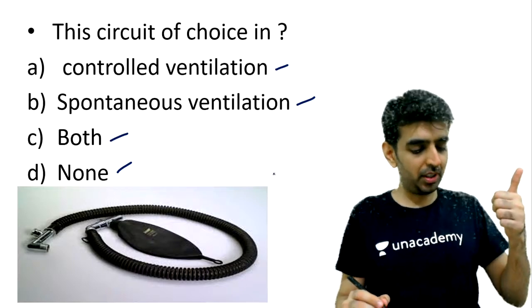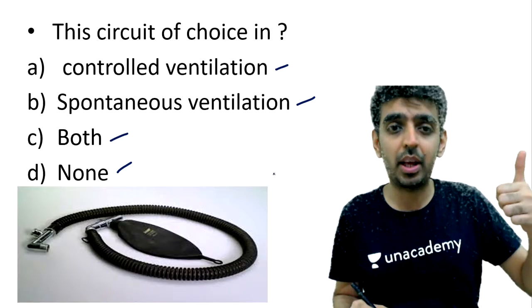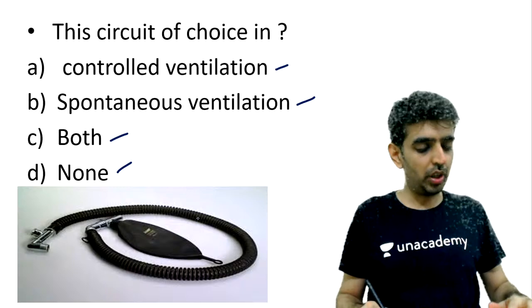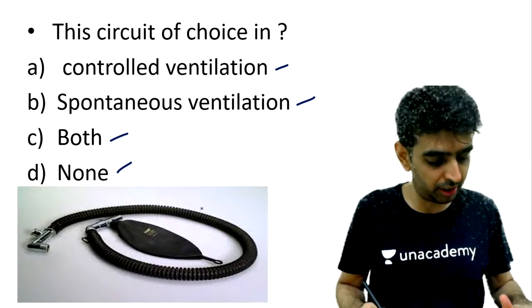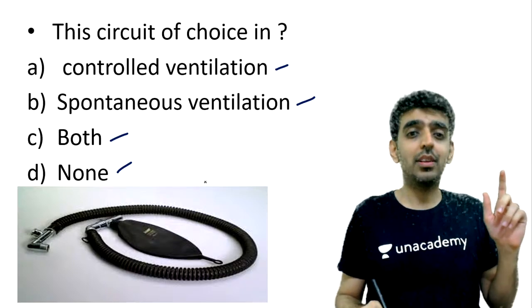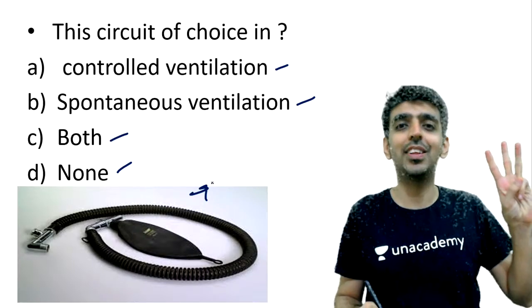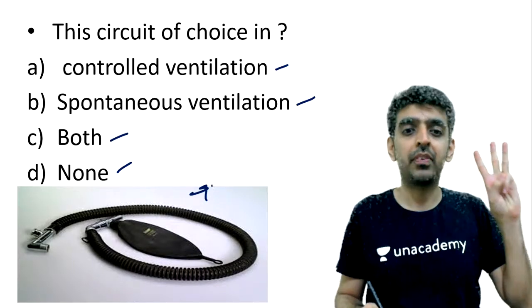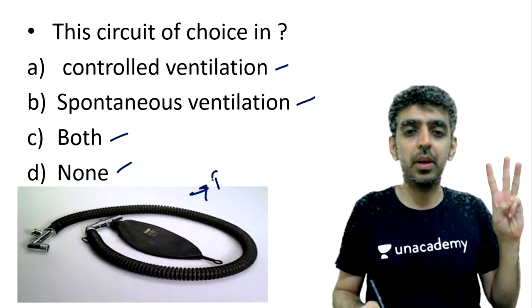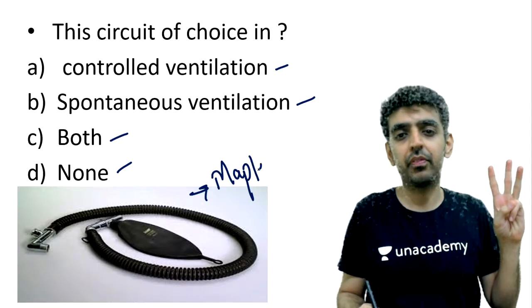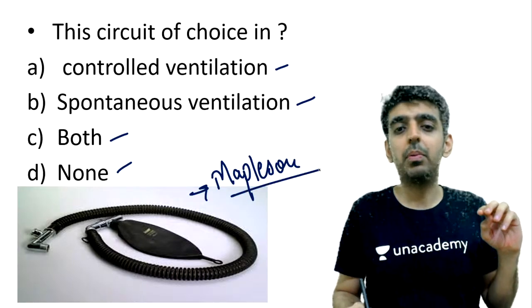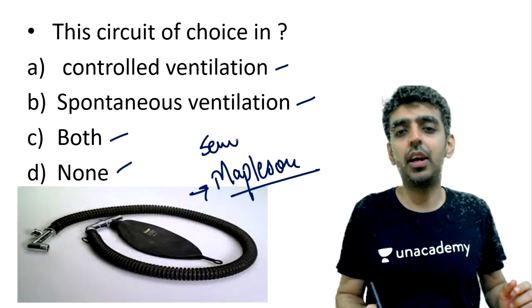Okay, I've got multiple answers. This is a single best answer type of question, people. First, you have to identify which type of circuit it is. Whether this is a Mapleson type of circuit, a closed circuit, or an open type of circuit. What is this circuit? It is a Mapleson type of circuit. Mapleson is a semi-closed circuit, right?